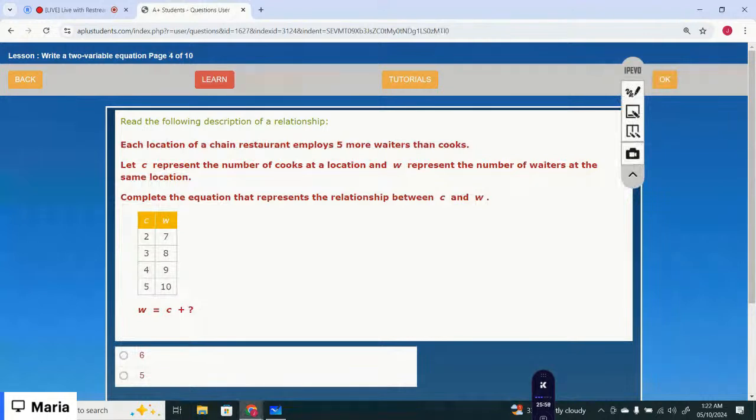Okay, complete the equation that represents the relationship between C and W. So, W equals C plus the missing number.